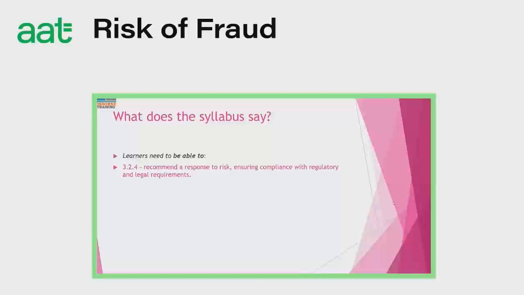We also need to be able to recommend a response to risk, ensuring compliance with regulatory and legal requirements. We need to be able to propose monitoring, review and report actions in response to an identified risk. So those are more likely than not also going to be part of your written elements to this type of question. Okay, and we'll have a look at that towards the end when we're looking at the exam questions.